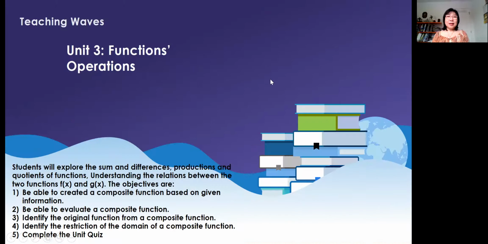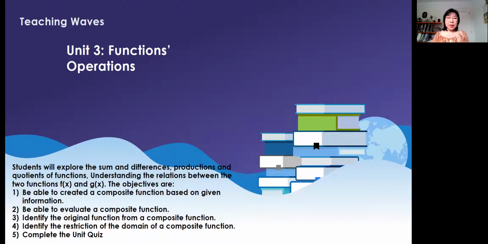So the next unit is function operations. In this Unit 3, students will explore the sum, difference, product, and quotient of functions, understanding the relations between the two functions f(x) and g(x).